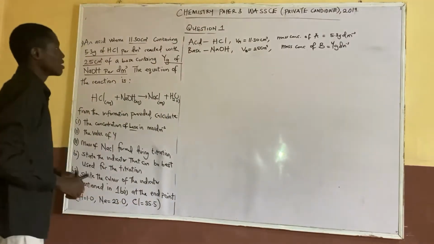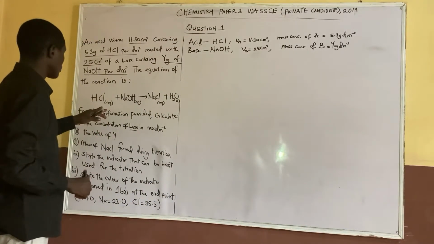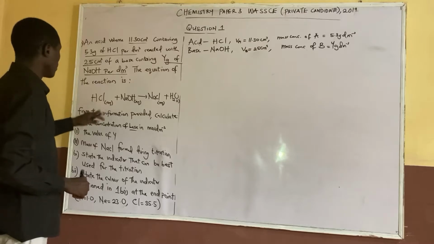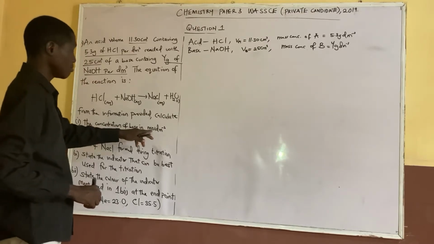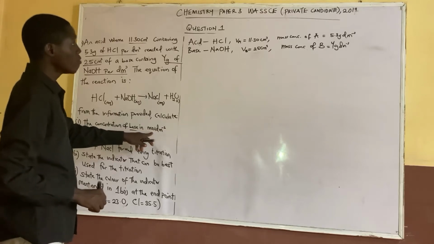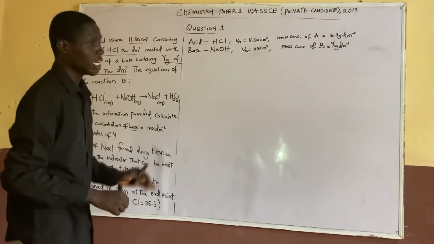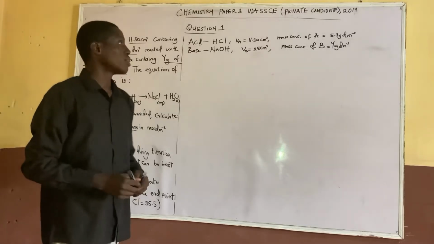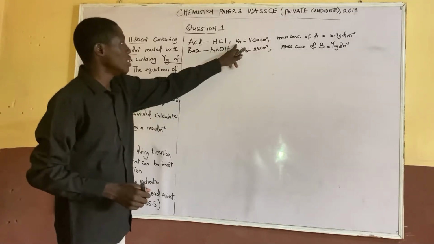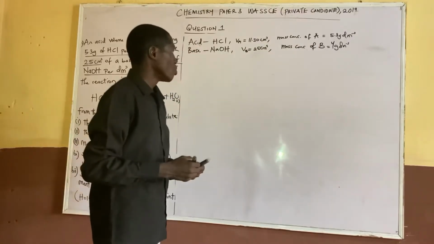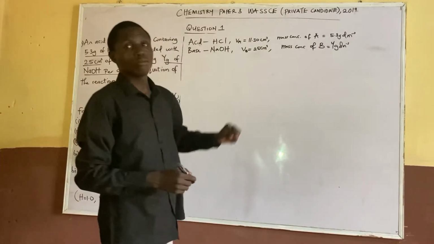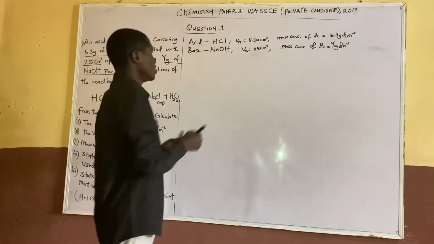Now, in order to get the concentration of the base in mole per dm3, we need to use the general formula. We know VA, and we can easily get CA from the mass concentration of A. We know VB, so you can use the general formula.